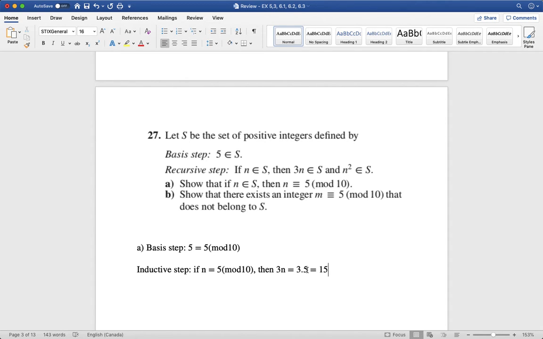n is equal to 5. We put 5 in place of n, so 3 times 5 is equal to 15, which is logically equivalent to 5 mod 10.